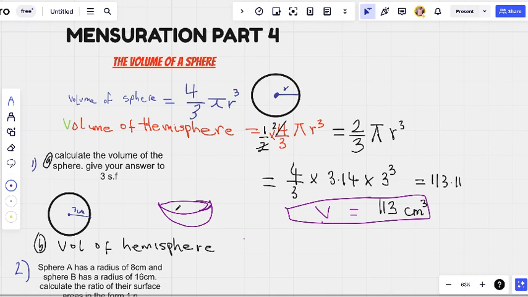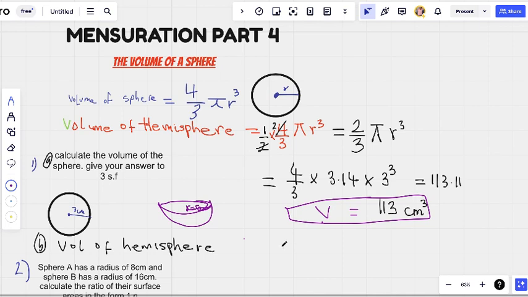This is a hemisphere, just like a cup. And here, let's say we have a radius of this hemisphere to be 5 centimeters. Let's say this is a bigger one. We have the radius here from the center to the end. R equals 5.